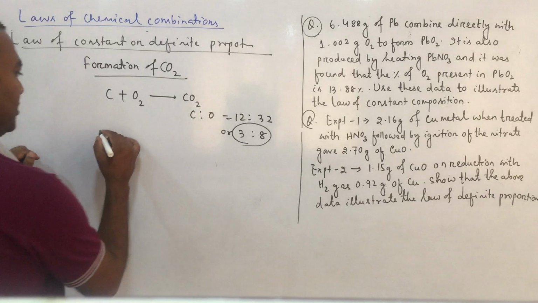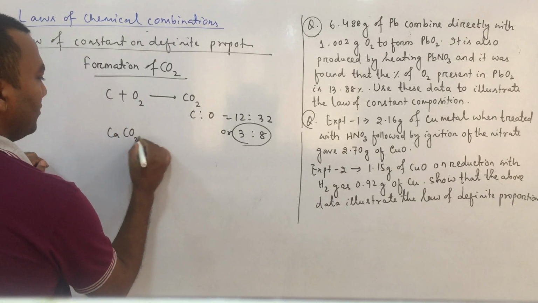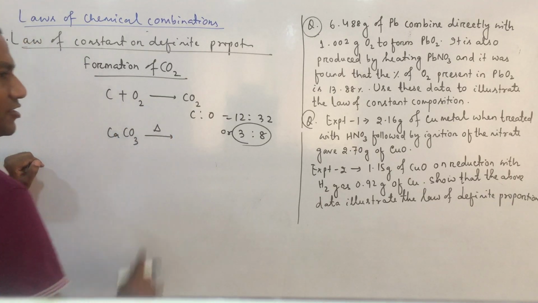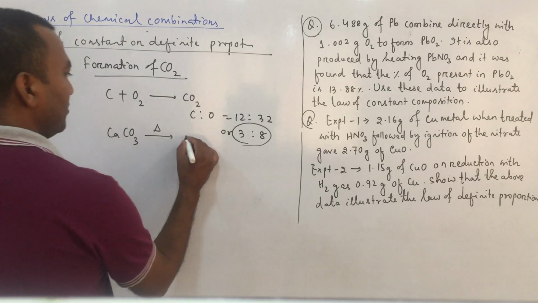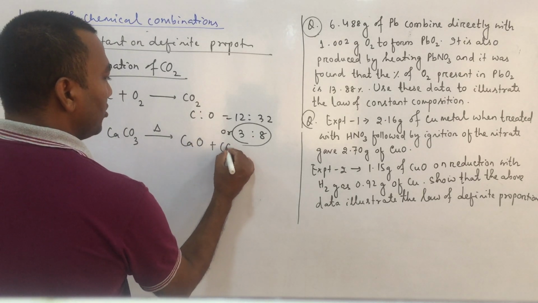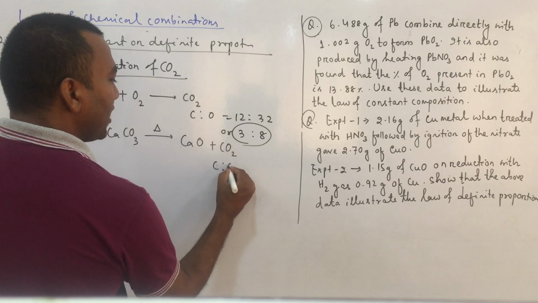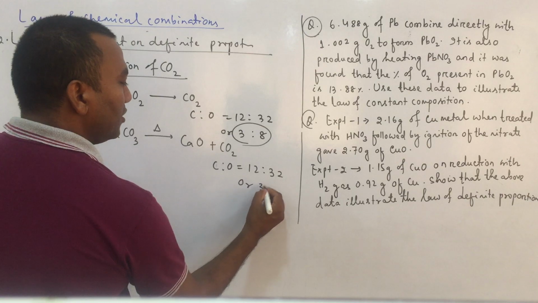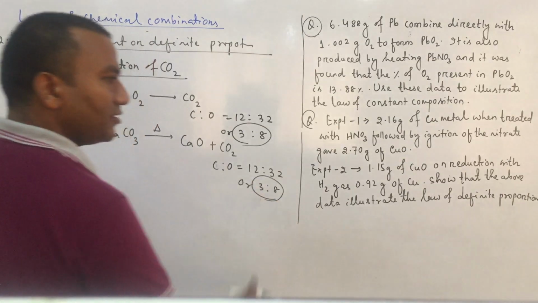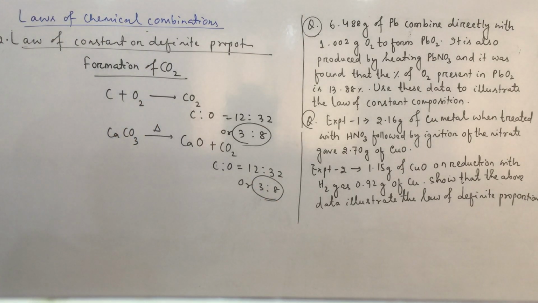Clear? Similarly, take another example, decomposition of calcium carbonate. Decomposition of calcium carbonate gives calcium oxide plus CO2. Here also the carbon to oxygen ratio is 12:32 or 3:8. So this is also the same. Yes or no?